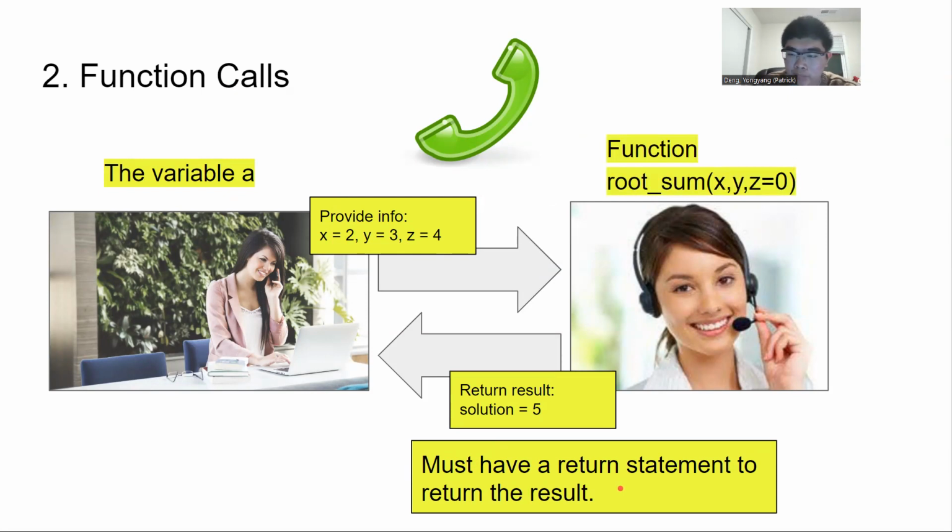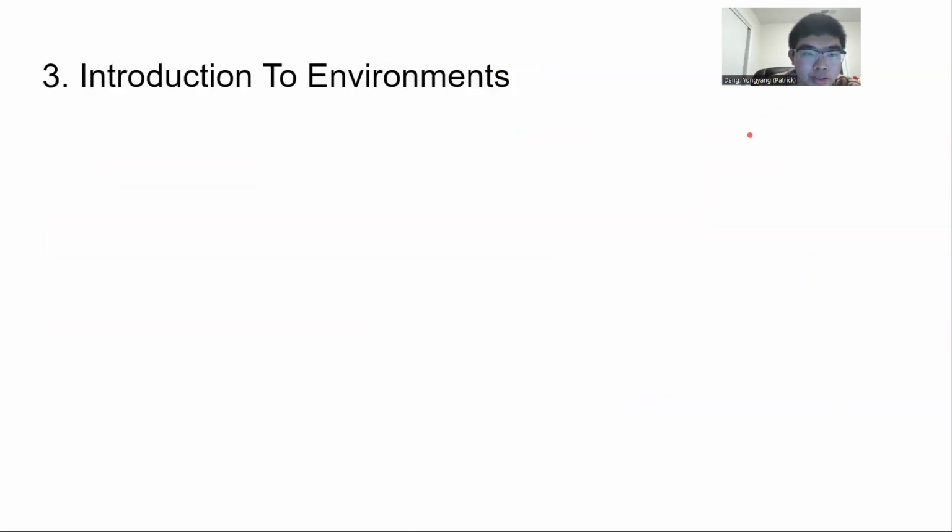The return statement is like the mouth of the customer service staff. If he or she does not have a mouth, you cannot answer the client, which kind of makes sense. Okay, any questions about the function call? Okay, all right. Let's move on.